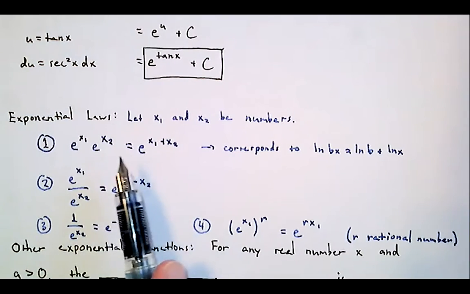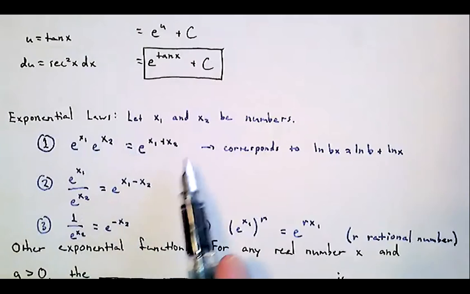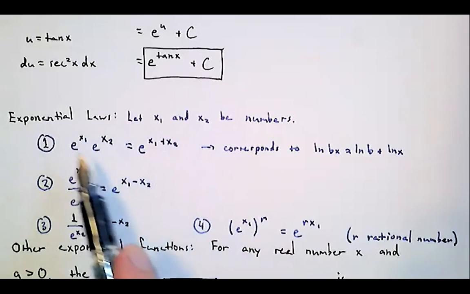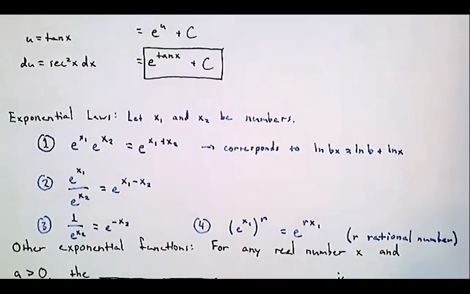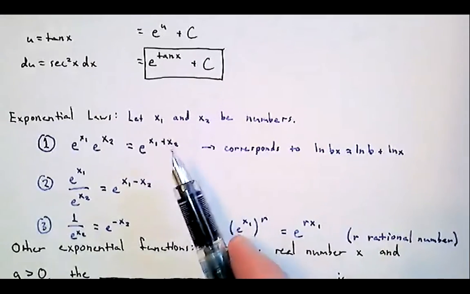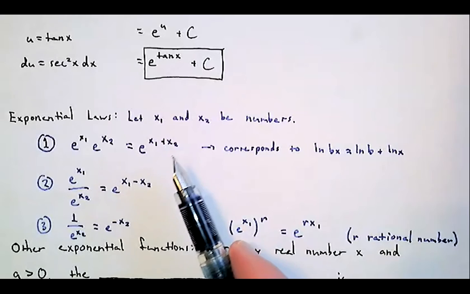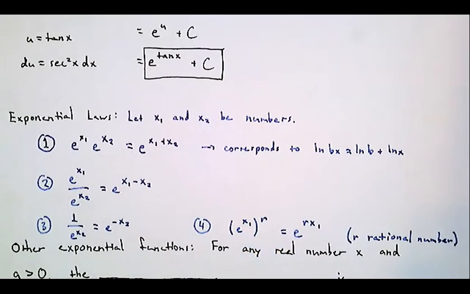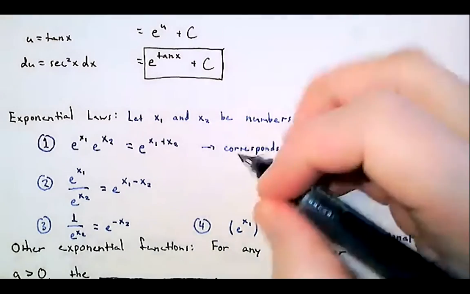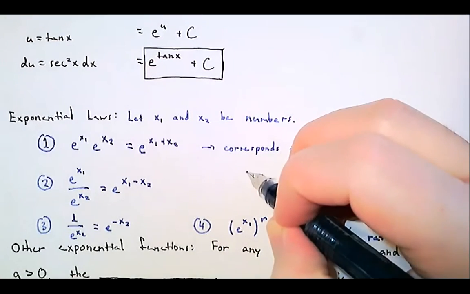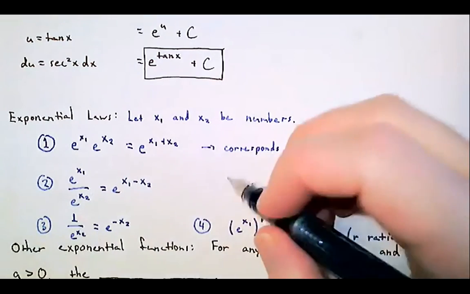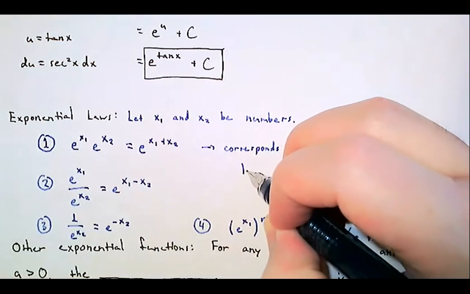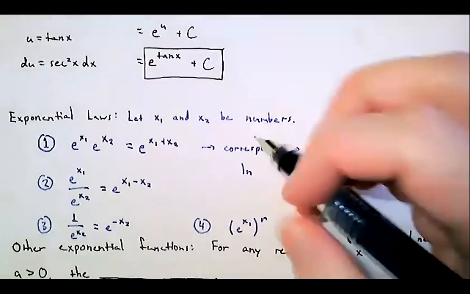So it might be a good idea to discuss how these properties are true using the natural logarithm properties. If I was going to start with this one, what I might do is start not with this equation, but with the natural log of this side.